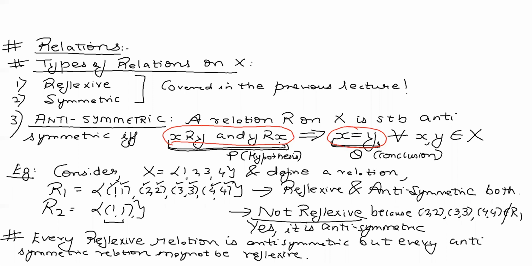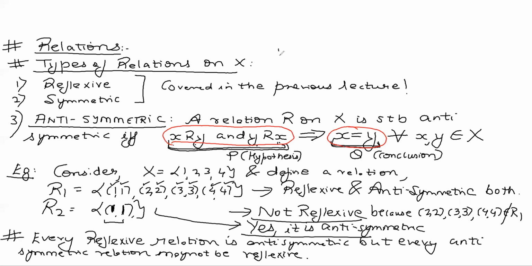But is it antisymmetric? Yes. This is antisymmetric. Why? Because you can see x is related to y and y is related to x implies x is equal to y. 1 is equal to 1. So I hope all students have understood this.